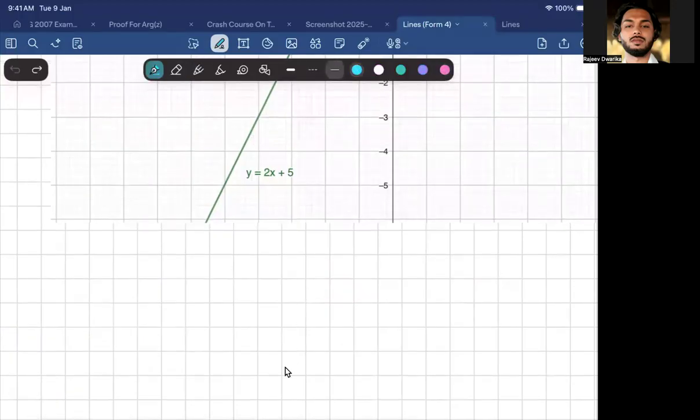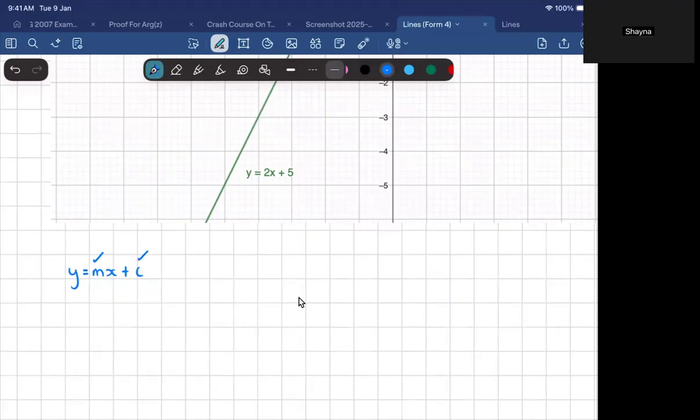Shayna, I'm not hearing you. Okay, so it is y equals mx plus c. And for us to figure out the equation, I need to know what the gradient is and what else.